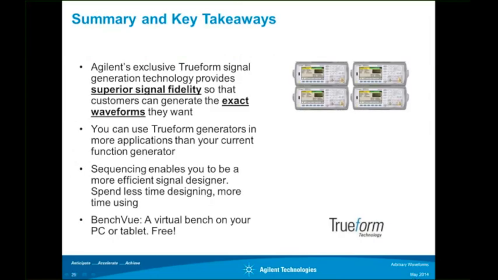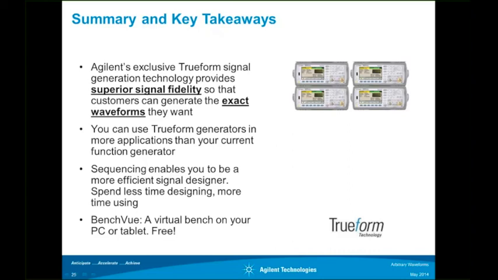All right, so my last slide, thanks for bearing with me. Trueform is going to have that superior signal fidelity. It's going to not only have the ability to output every point that you design into your signal, but it also has that cleaner distortion that we showed before. So we have the ability to output your signals better, cleaner.